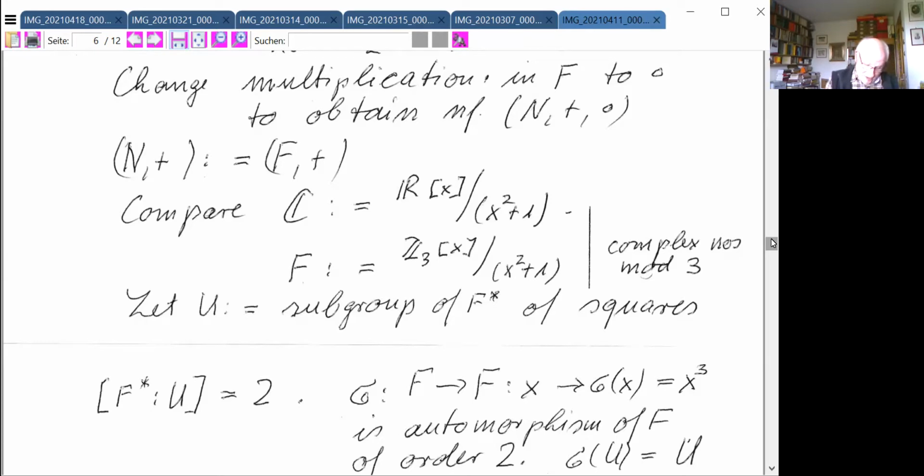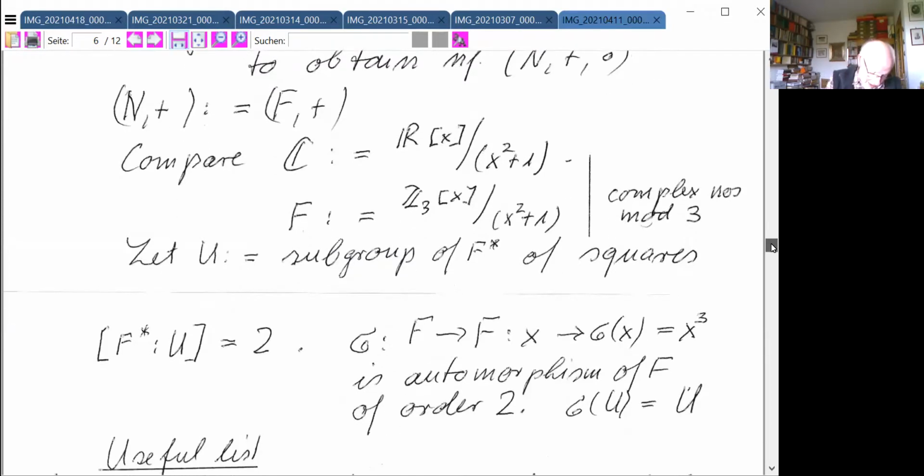F are the complex numbers modulo 3. Now we form a subgroup of the multiplicative group of F, the subgroup of squares.